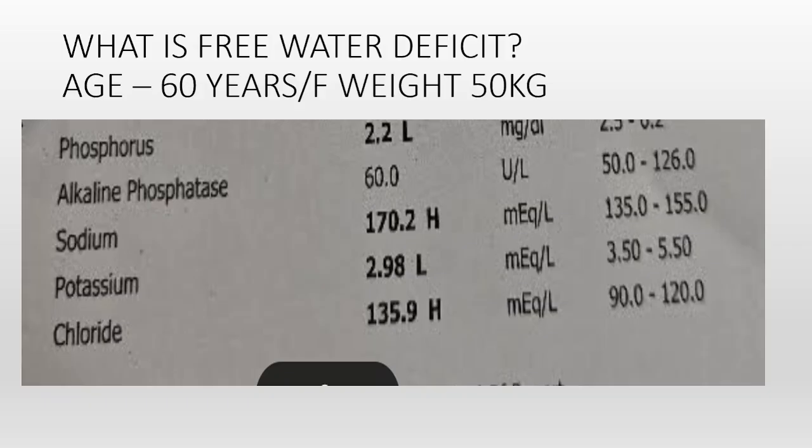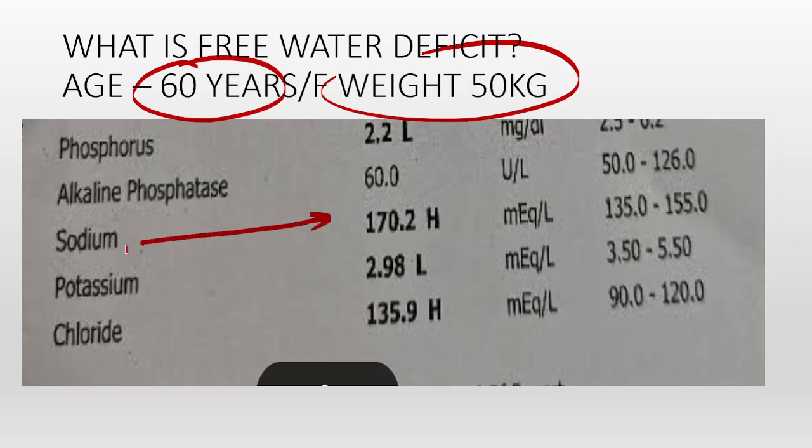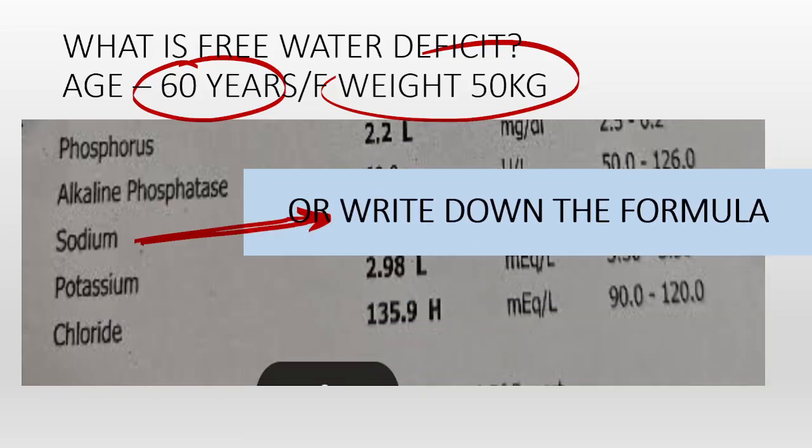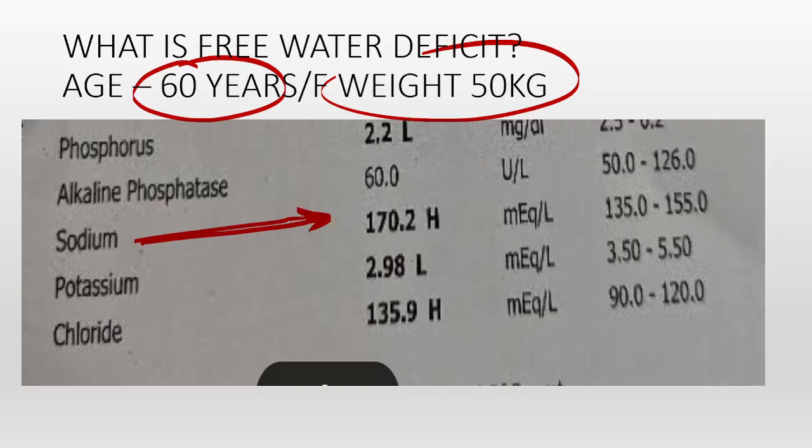What is the free water deficit? Age is given, weight is given, patient sodium is given. Since we collected the students' mobiles, they might have found it difficult to calculate, so we asked them to at least write down the formula. The formula is 0.5 into body weight into the patient sodium minus the target sodium, divided by the target. Similar proportioning is used for hyponatremia also, 0.5 into body weight.